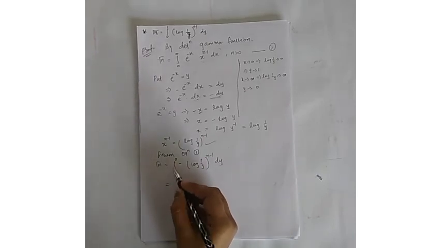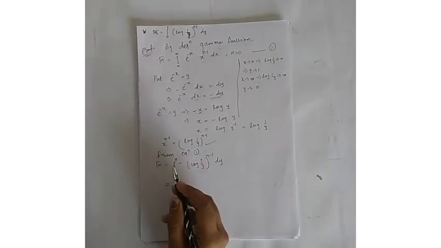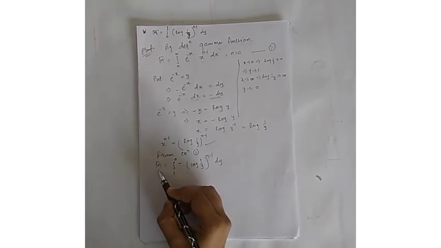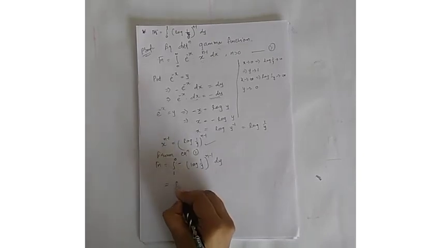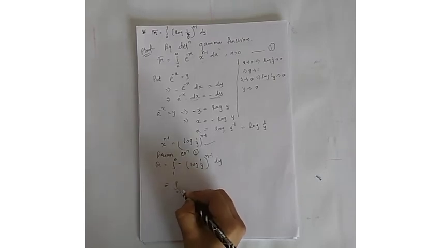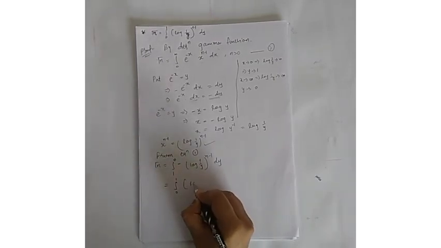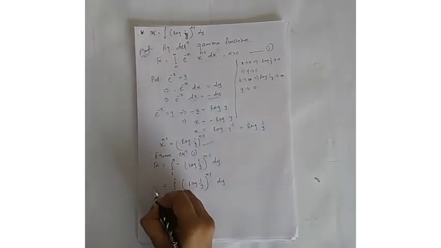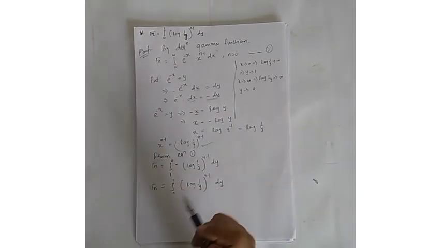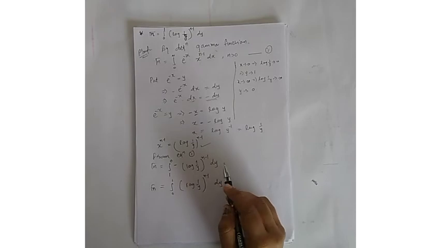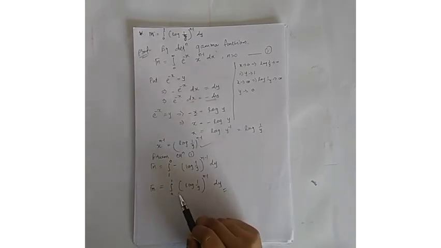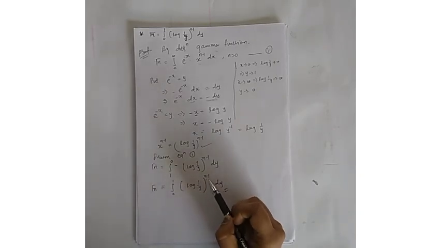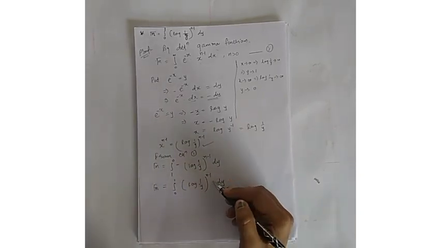Here I am changing the limit, which will give minus 1 here. So minus minus plus integration with limit 0 to 1 log 1 upon y to the power n minus 1 into dy is equal to gamma n. This is the proof of this form, that is gamma n is equal to integration with limit 0 to 1 into log 1 upon y whole to the power n minus 1 into dy.